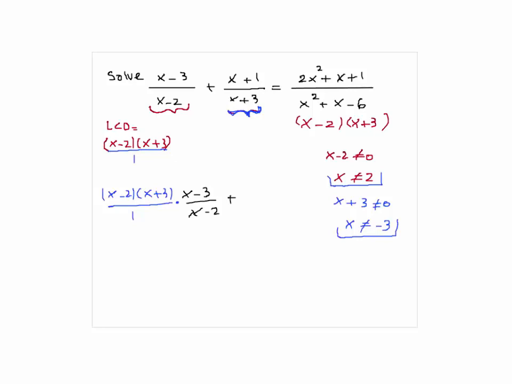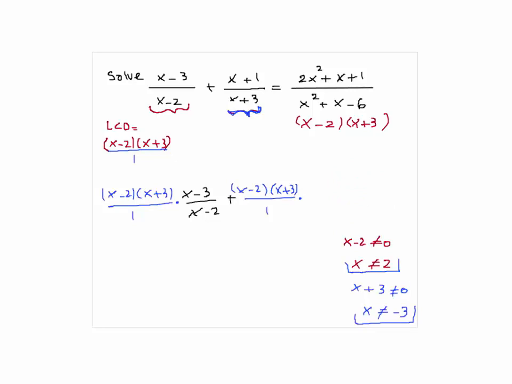In the second term here, I get the LCD times x plus 1 over x plus 3.